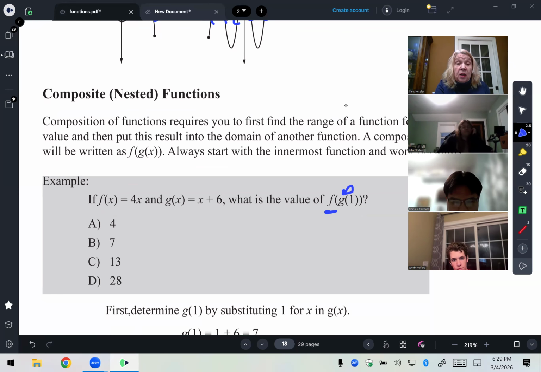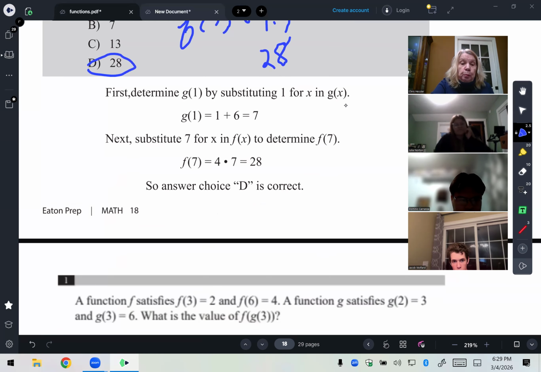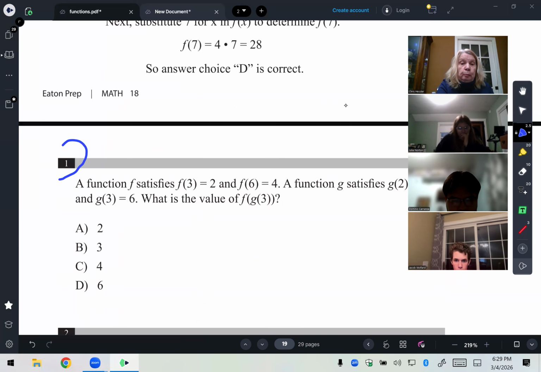So we put 1 into the g function. That gives us 7. So now we need f of 7, which is 4 times 7, which will be 28. Not so bad. Okay, this one, a little weird. A function f satisfies: when we put in 3, we should get out a 2.